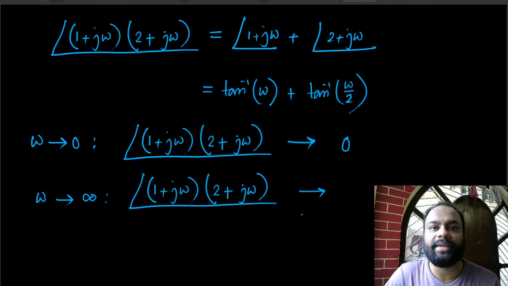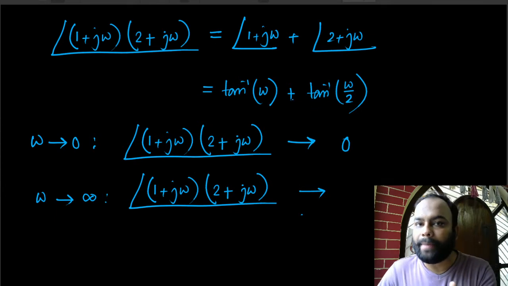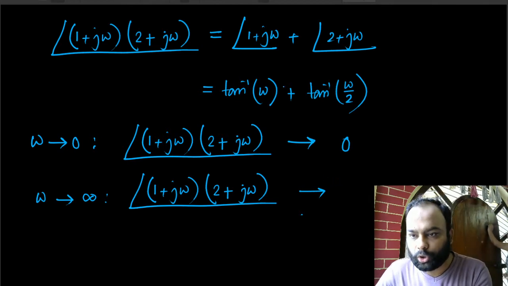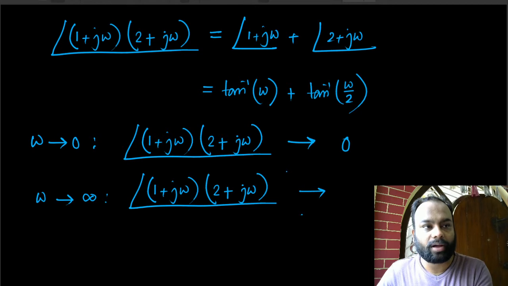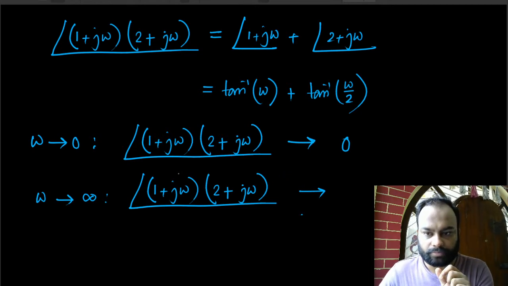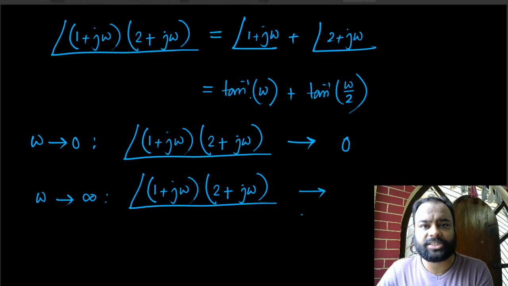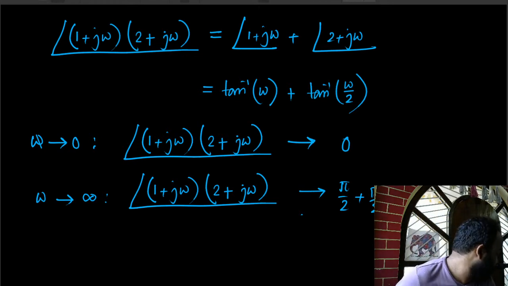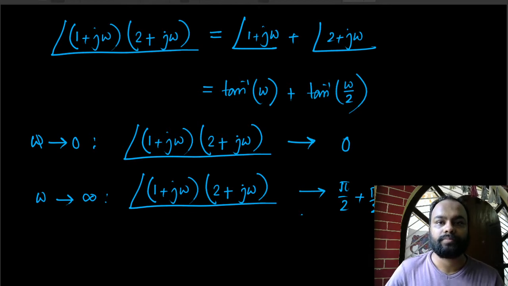That's tan inverse infinity plus tan inverse infinity. Both of them are contributing certain phase angles, so I would have pi by 2 plus pi by 2, which is equal to pi. So pi is the total phase angle, right?